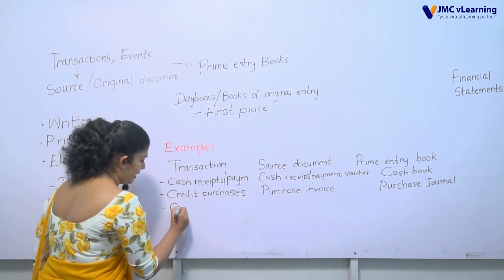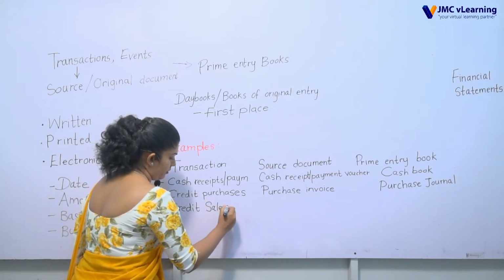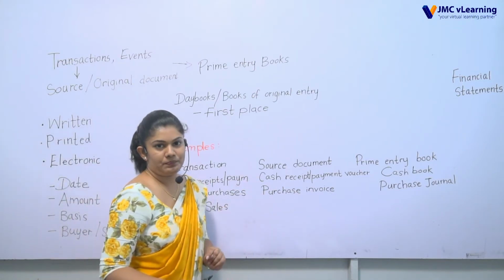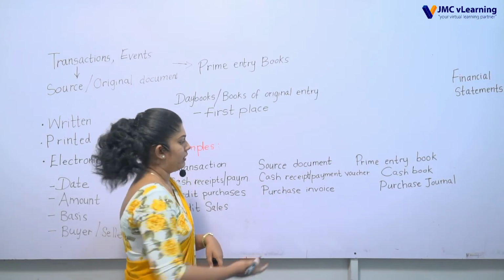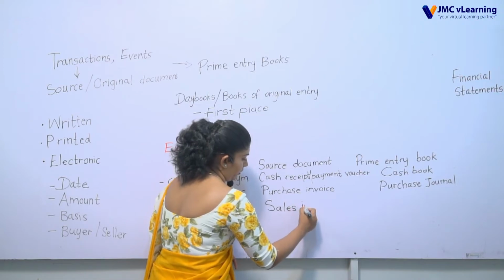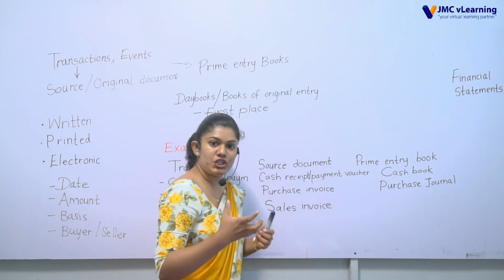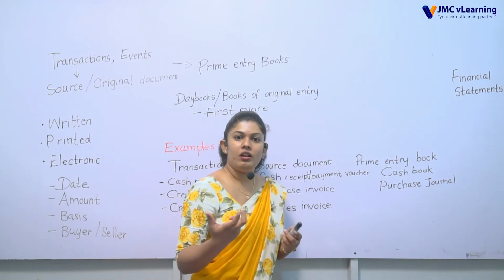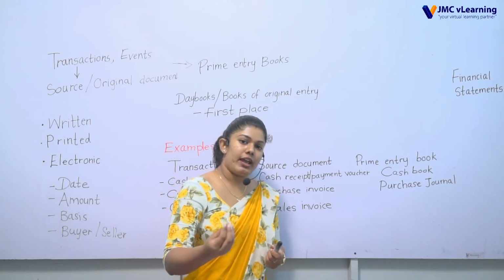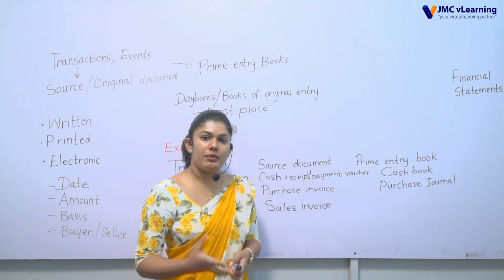Then credit sales. Credit sales also have a similar name. The source document is sales invoice. If you search for a format of an invoice in Google, you can get various types of invoices and these receipts or payment vouchers.